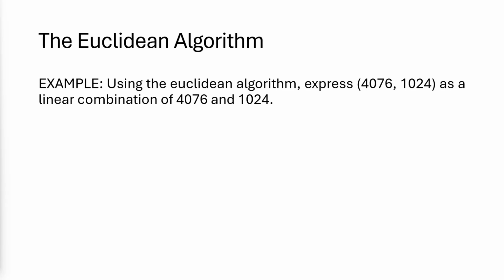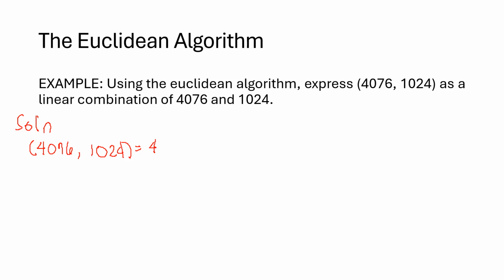So the GCD of 4076 and 1024 is equal to 4.